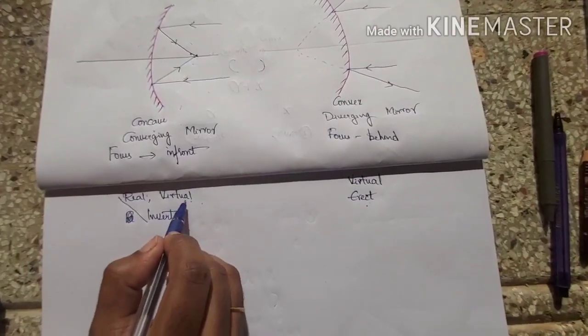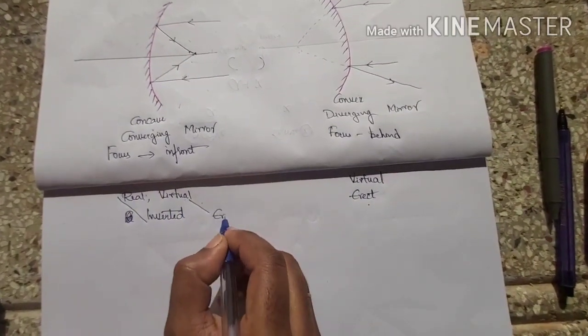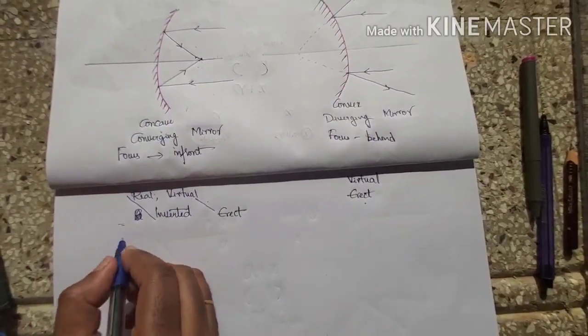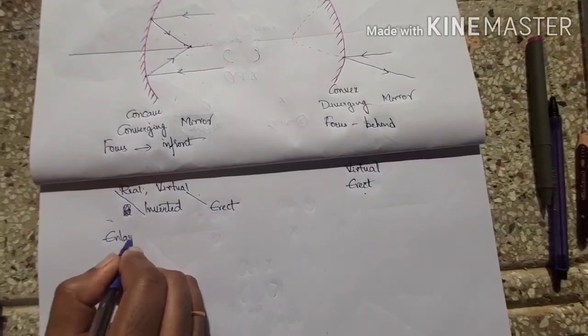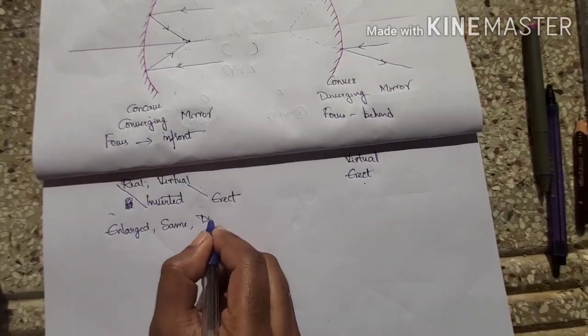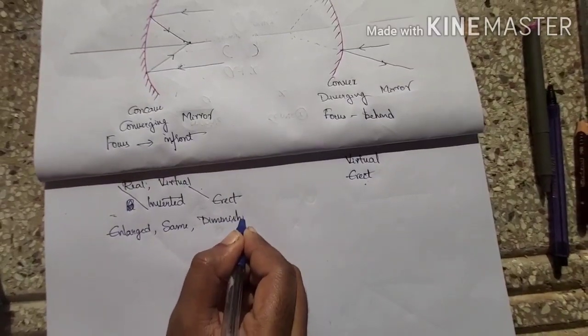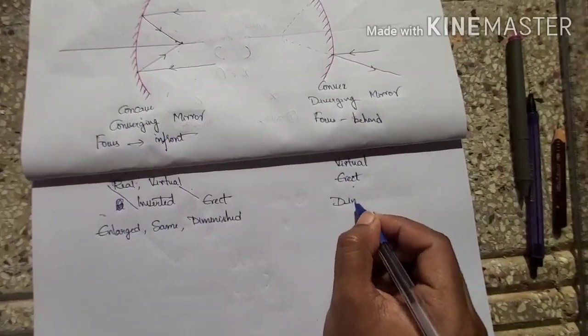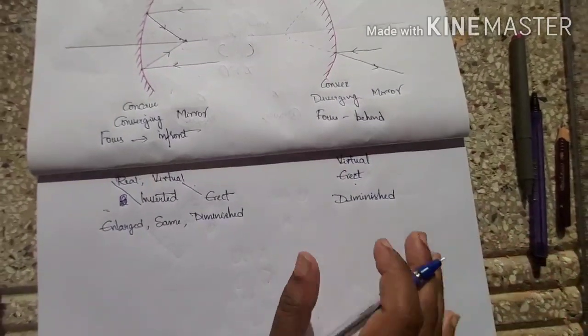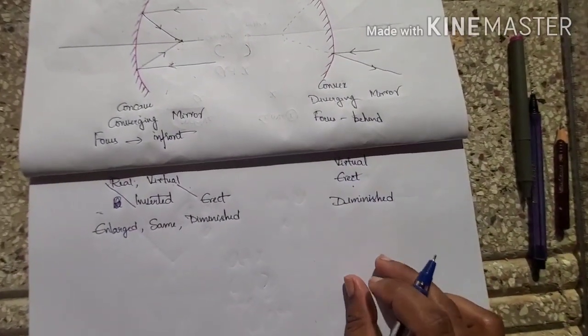If the image formed here is virtual, then you will have an erect image. Okay. So here, depending on the position, the size of the image may be either enlarged, same size, or diminished. Whereas here, it is always diminished, but depending on the position, sometimes it is highly diminished, sometimes it's diminished to a smaller extent.